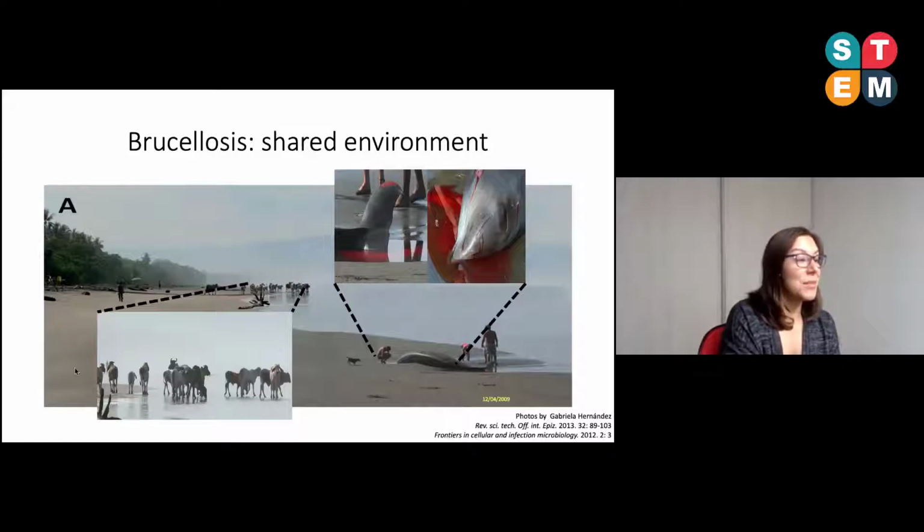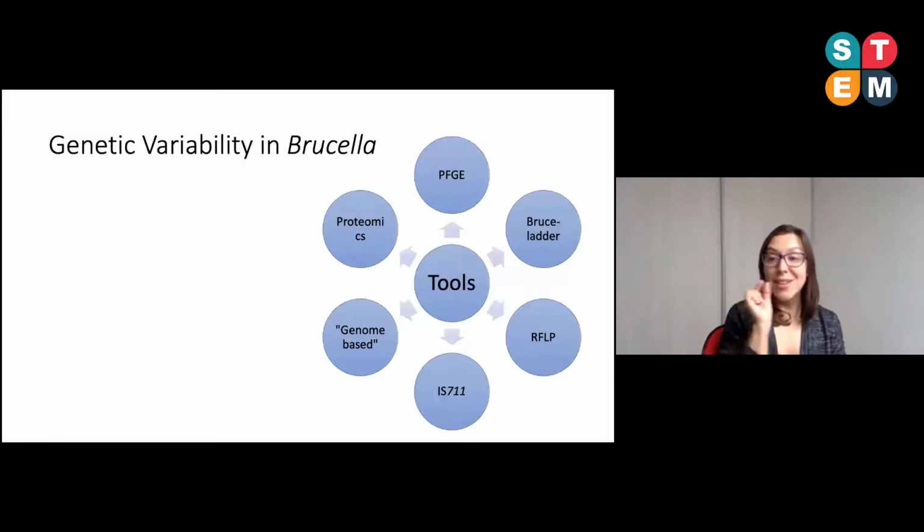And yet the specificity or preference of the host that's infected is very clear from the biological behavior point of view. And that very small difference has been explored and analyzed by different tools trying to explain this behavior.